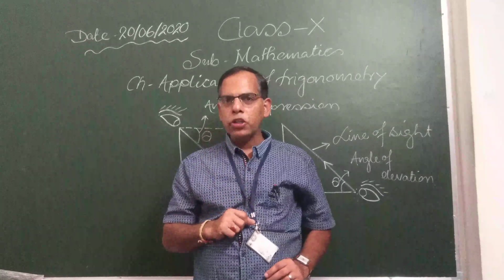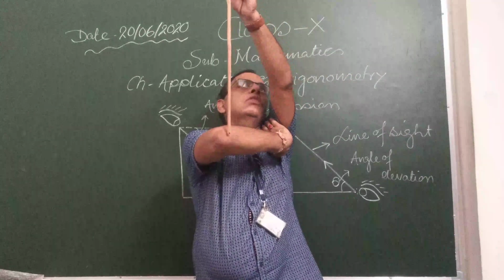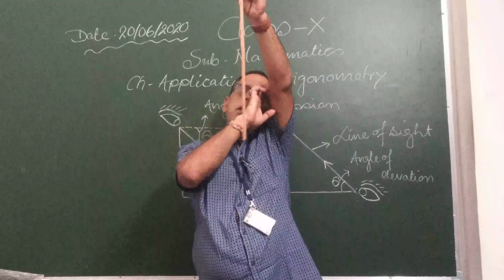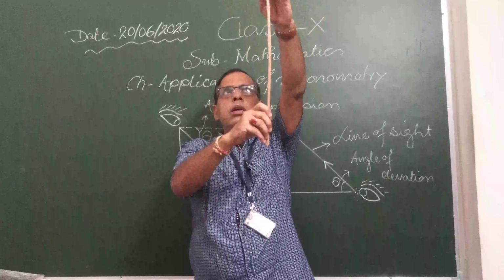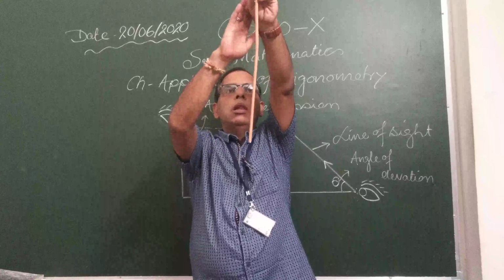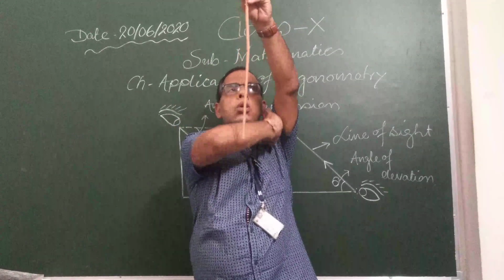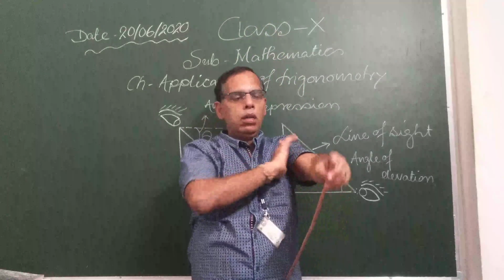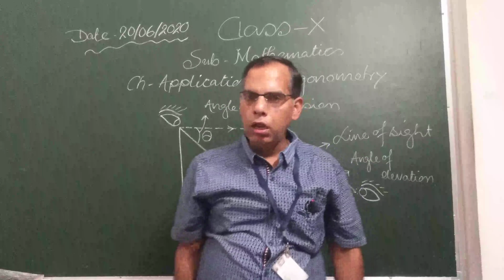Now how is the angle of elevation formed? It is formed with my side, the line of sight and the base. So these two lines are forming the angle of elevation.